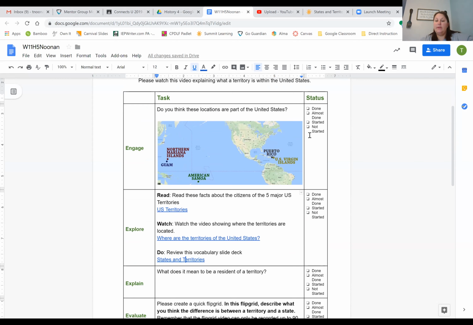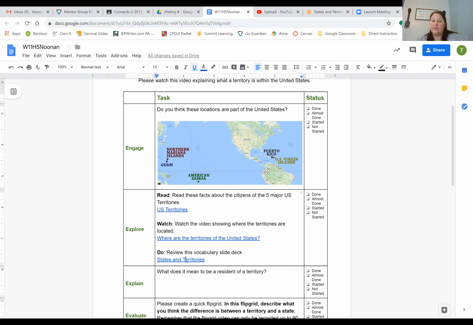You're going to find that there are a lot of territories in the United States or located around the United States. These 5 here are the main ones that are inhabited by people and have some rights under the United States.